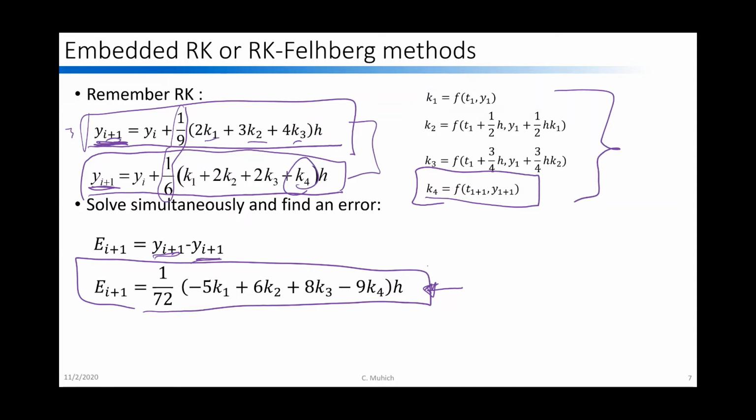So I'm going to get information about my error, and then directly I can determine if I want to accept it or not. If I don't accept that move, then I can go ahead, cut my time step in half, or some other smaller step size, and redo the system.